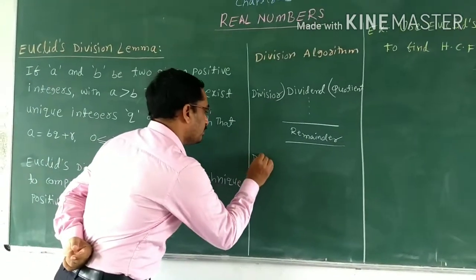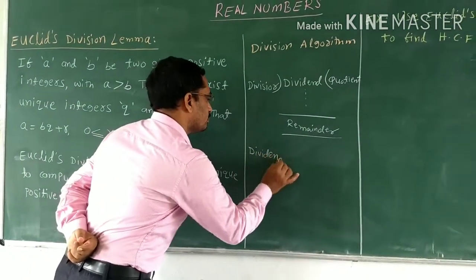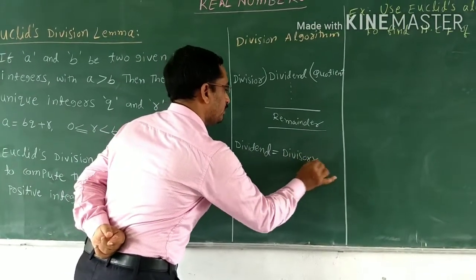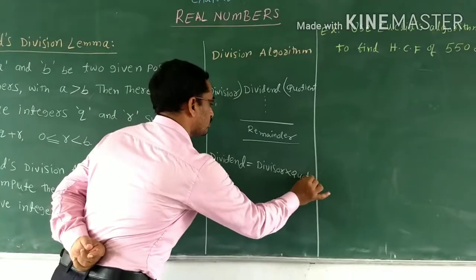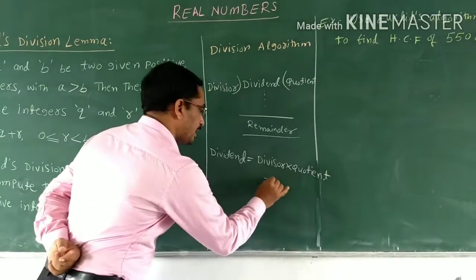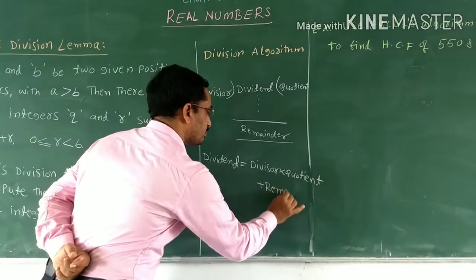See, dividend equals divisor into quotient plus remainder.